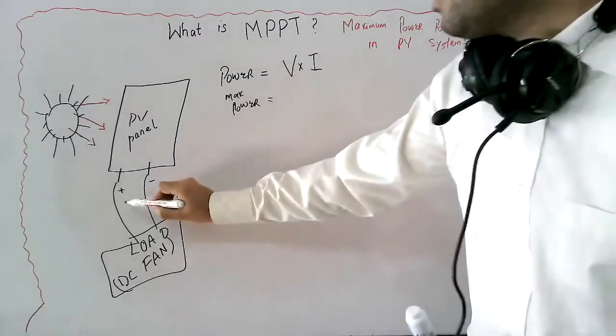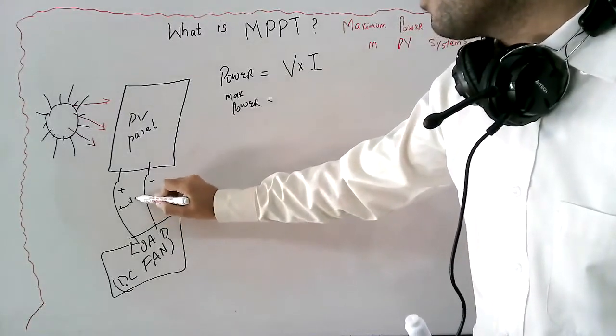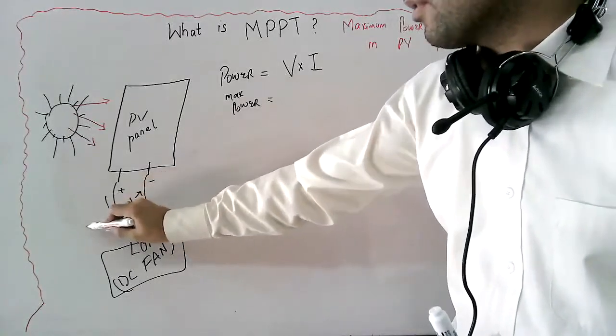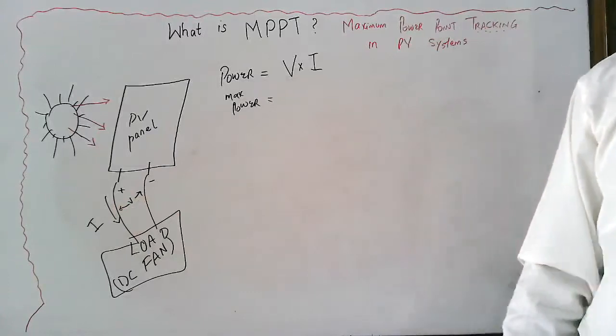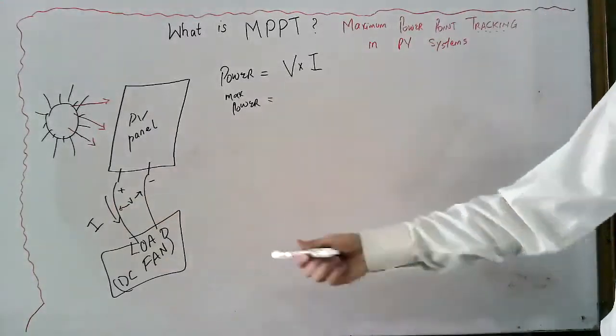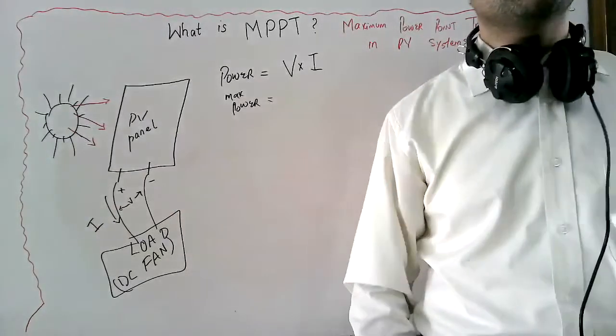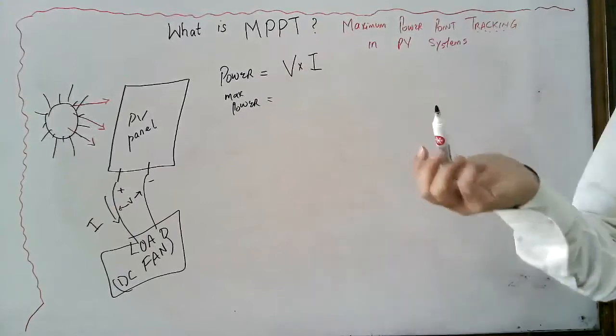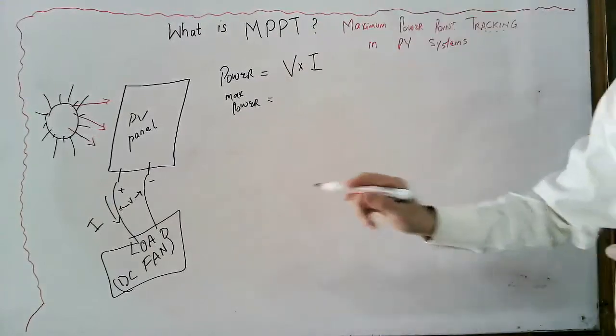So obviously there will be some voltage here, and there will be a current I flowing. The product of this voltage and current is the power which is going into the fan.